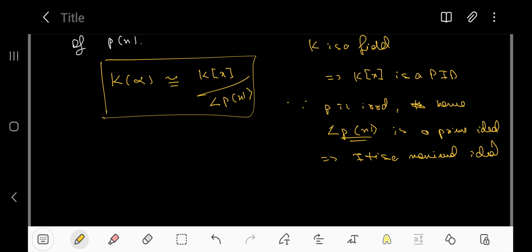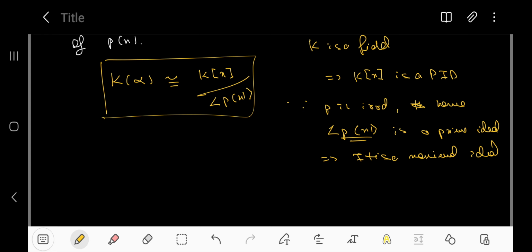Clear? So alpha is obviously in K(alpha), and so K(alpha) contains a root of the polynomial P(x). This P(x) is said to be the minimal polynomial of alpha over K, as it is the irreducible polynomial of which alpha is a root and the polynomial is in K. Clear?